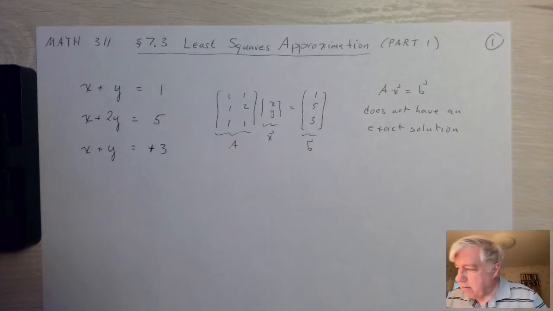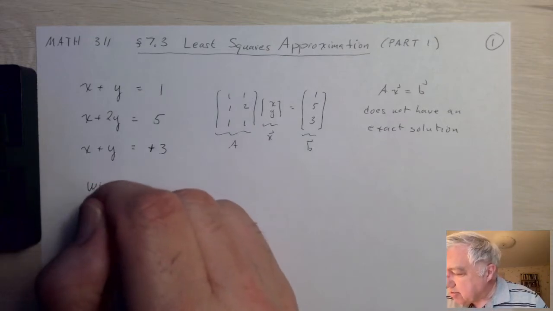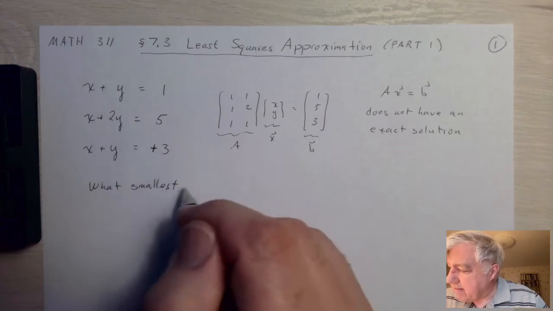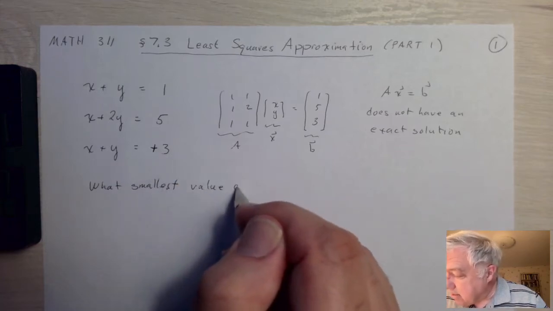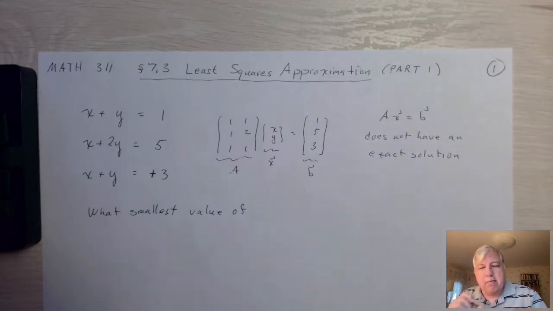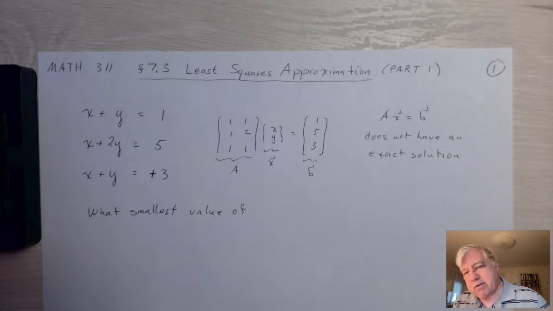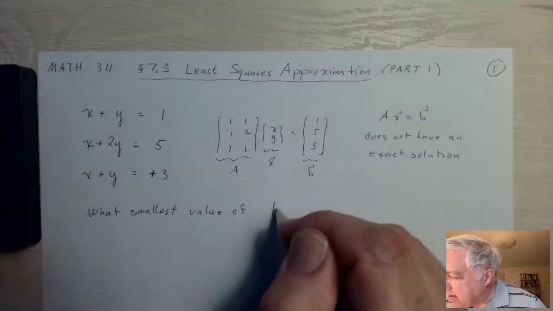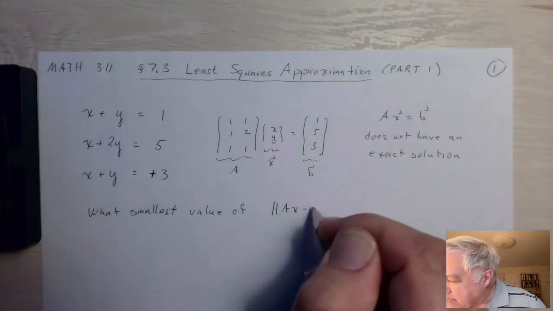The question is, what's the smallest value of, well, not Ax minus b, because that's going to be a vector quantity. We can't say one vector is bigger than another, but we can talk about the length of a vector being bigger than another. So what we could say is, what's the smallest value of the length of Ax minus b?